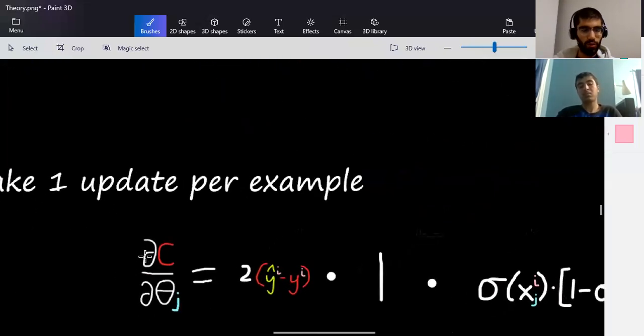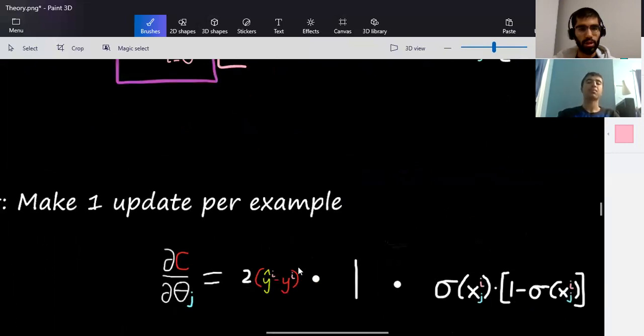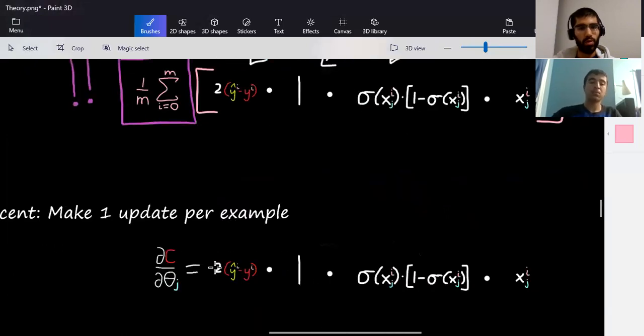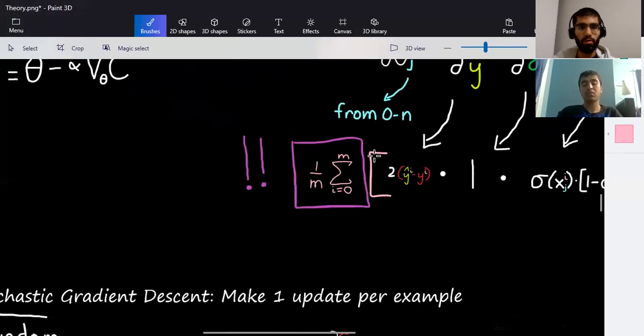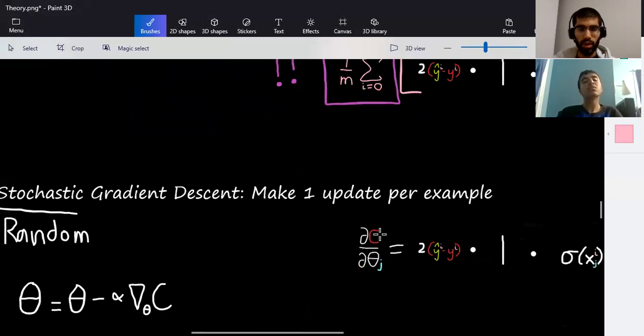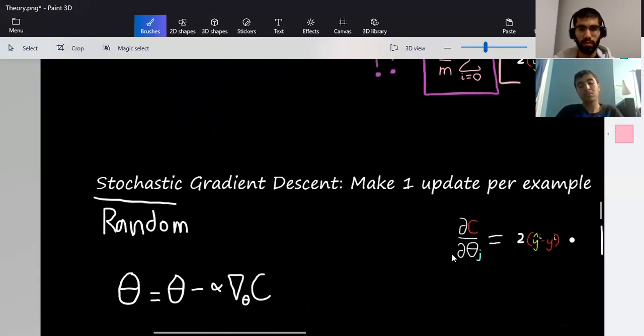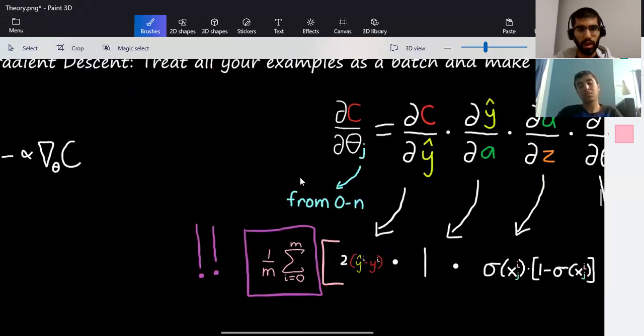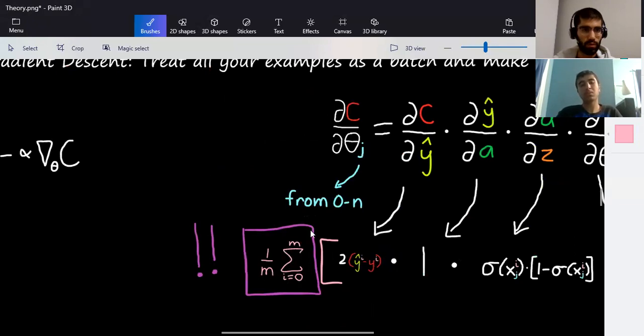For partial C by partial theta j, we would go over all parameters 0 to n, and we're computing the same thing, except no more summing over all of m examples. We do this for one example, the ith example, get all of these terms from 0 to n, plug them into our big storage container, and then make one update. So one update per example. Up here, one update per m examples. See the difference?